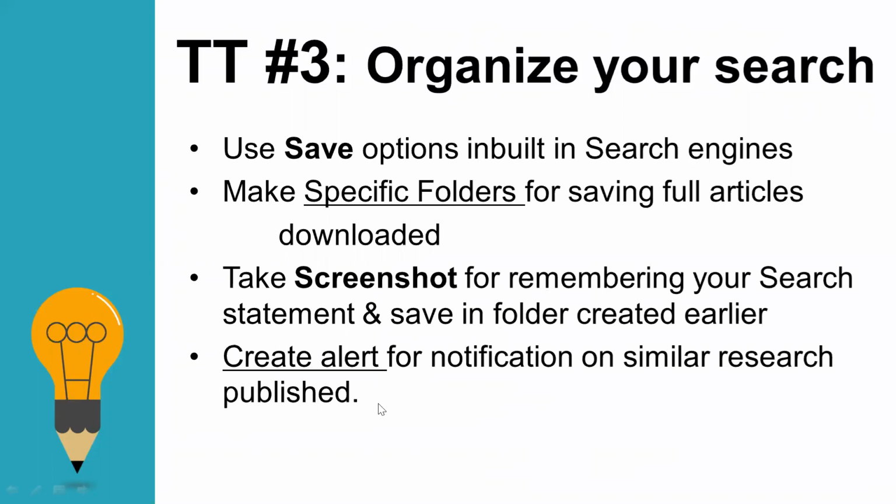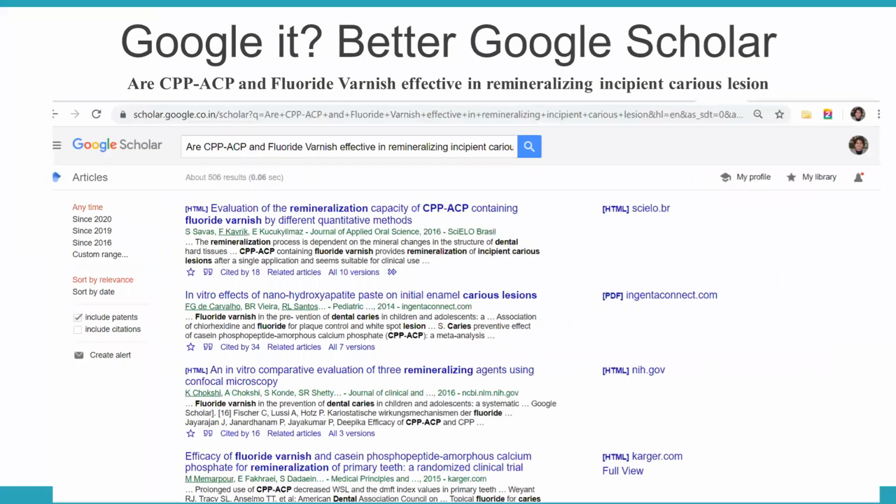So most of the databases have this create alert support, so that you will be notified if similar research is published which matches your search statement. So let's see how it can be done. If you're on a Google Scholar page, you will find this star.